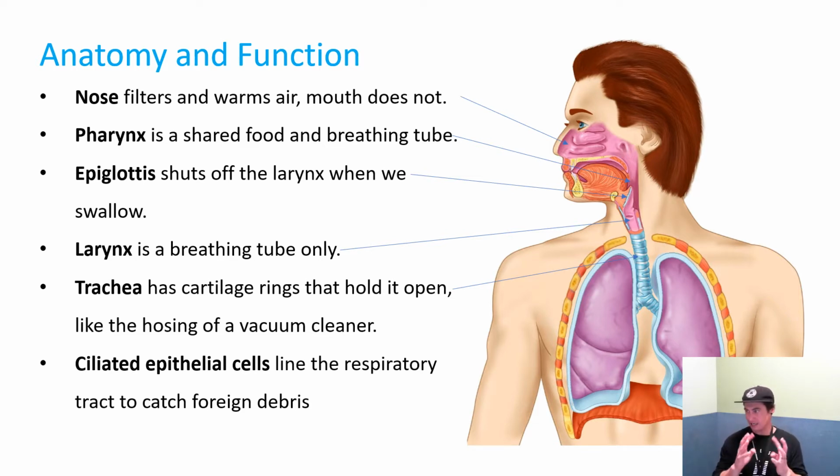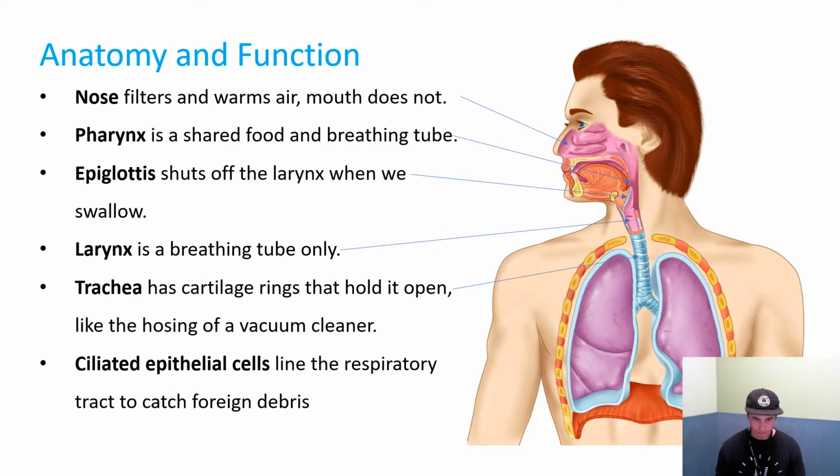Cilia are like little finger-like extensions that protrude out from the surface of your respiratory system, and their function is to catch foreign debris or substances within the air you breathe that shouldn't be in there, or that disrupt external respiration.